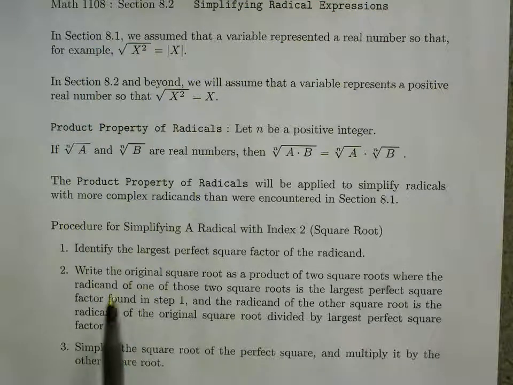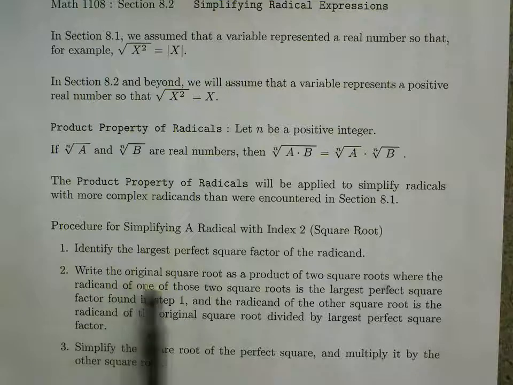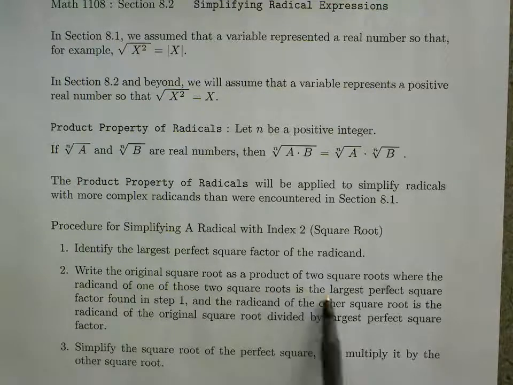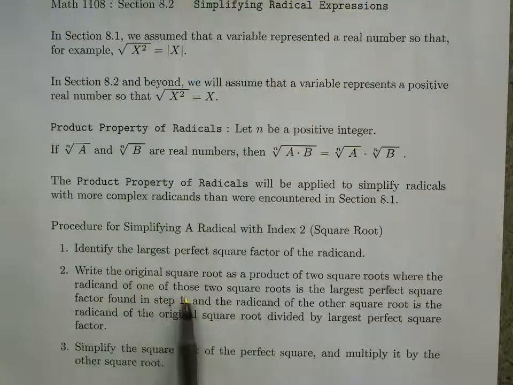Then we write the original square root as a product of two square roots, where the radicand of one of those two square roots is the largest perfect square factor found in step 1, and the radicand of the other square root is the radicand of the original square root divided by the largest perfect square factor. We simplify the square root of the perfect square and then multiply it by the other square root.